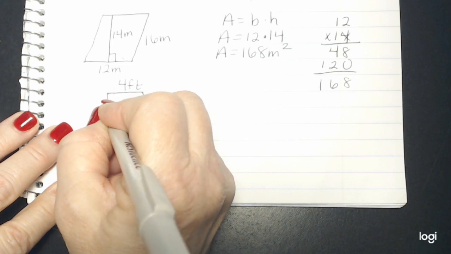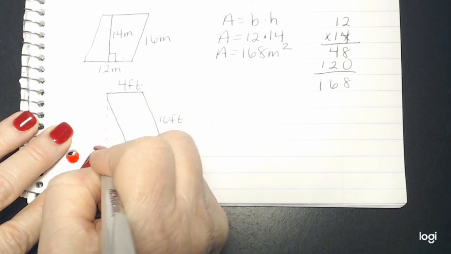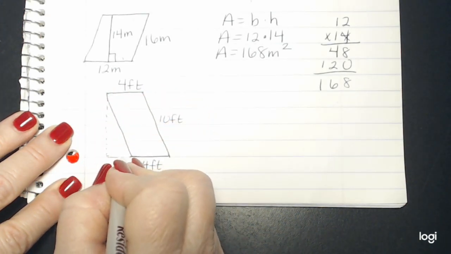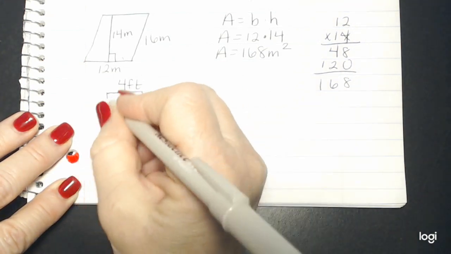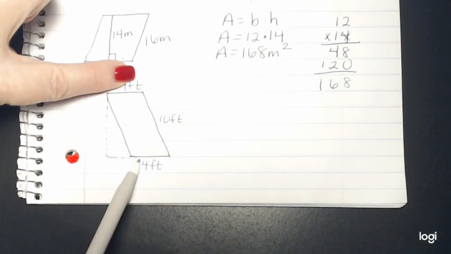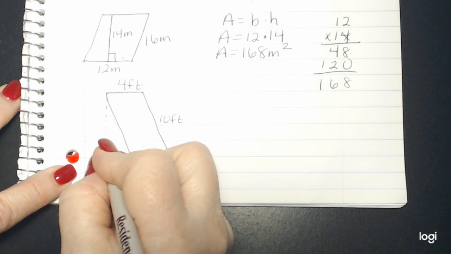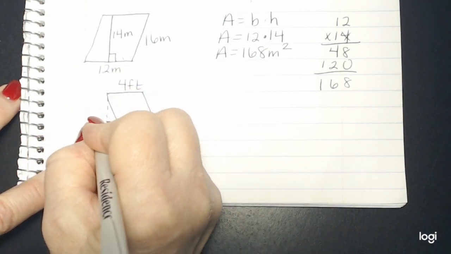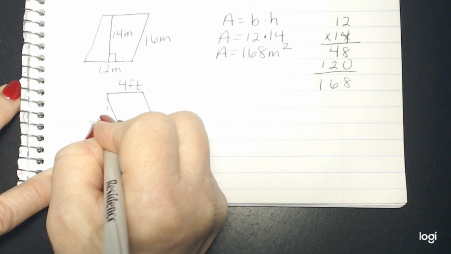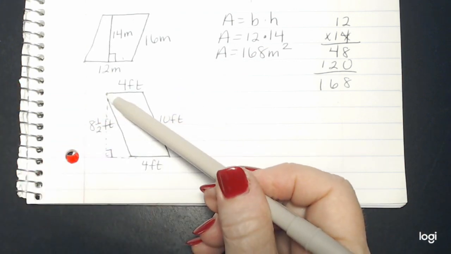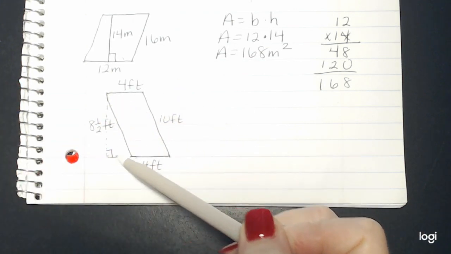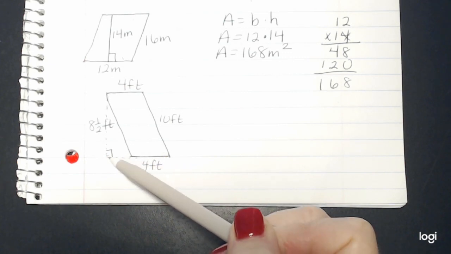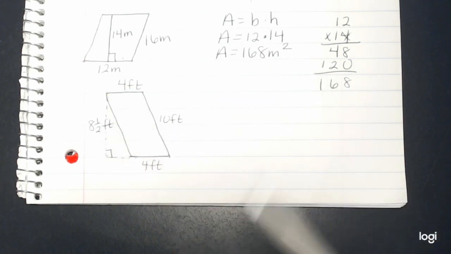It'll make a line like this and over here like this, meaning this is my height, which is the same length from here to here. It'll put a little right angle there, and it'll say your measurement. Let's say we have 8.5 feet. So from this point straight down to where my parallelogram could extend, this is 8.5.